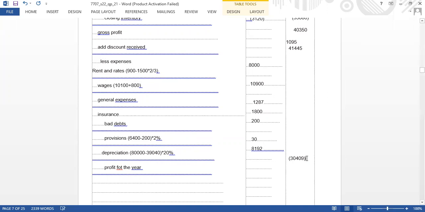Okay. Now we'll deduct 30,409 from 41,445 to calculate the profit for the year. That would be 11,036.